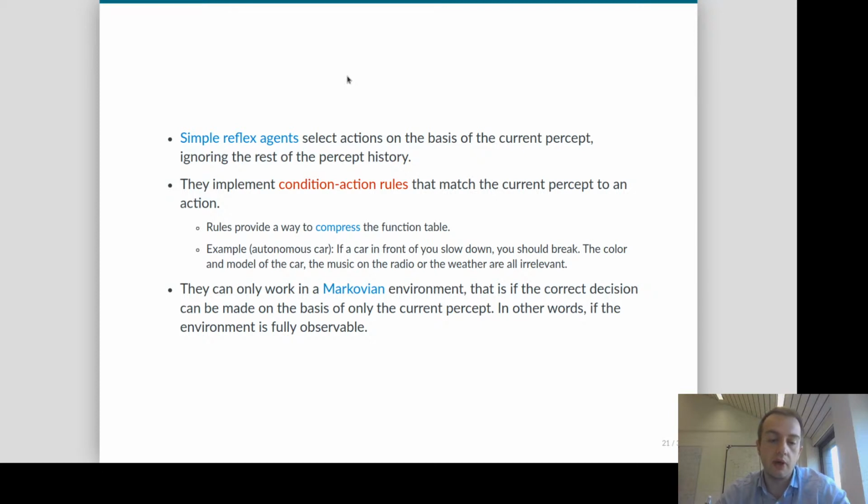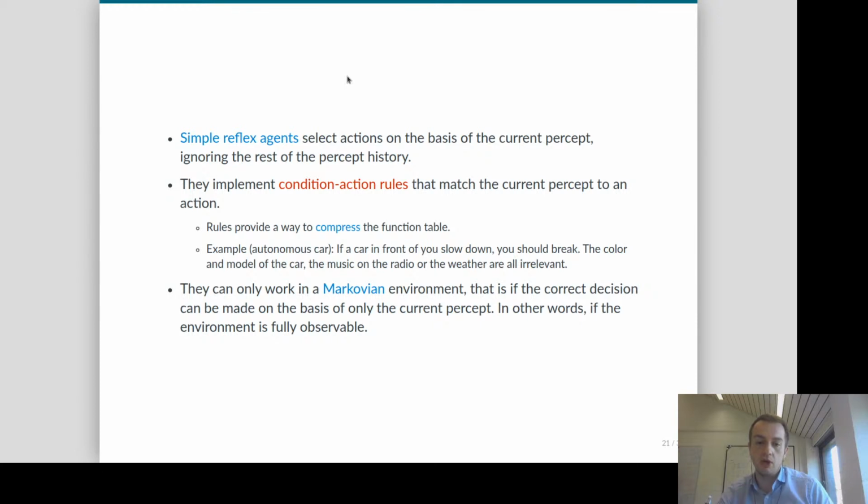For example, if you are considering the program that would drive an autonomous car, one way to implement one of these simple reflex agents would be: if a car in front of you slows down, then you should brake. So the condition would be there is a car in front of me slowing down. And this condition can be mapped to several percepts.